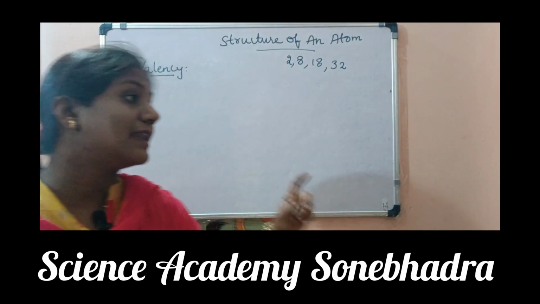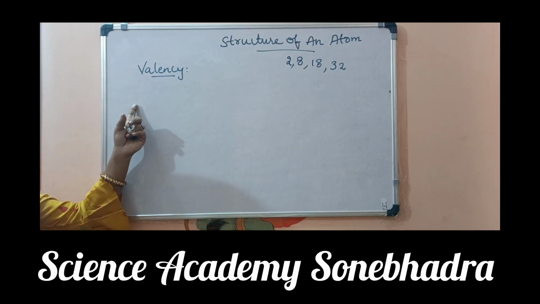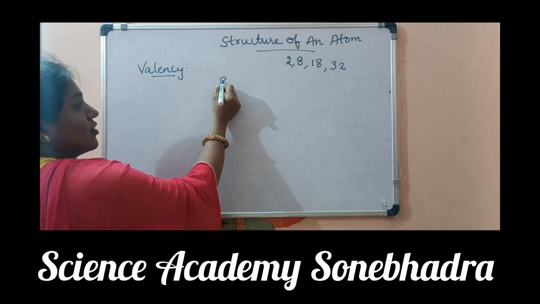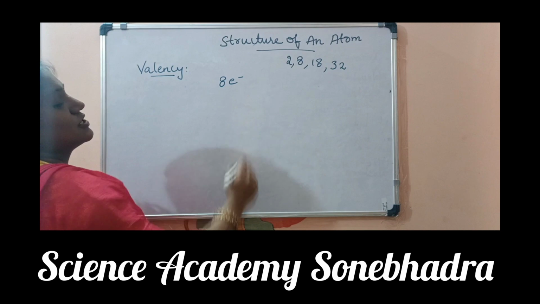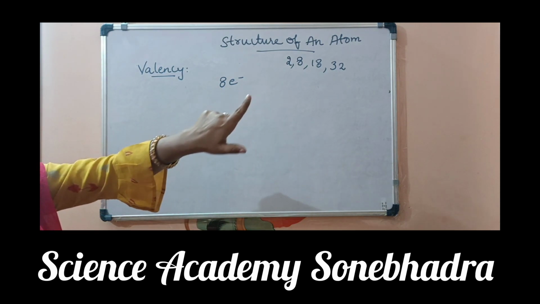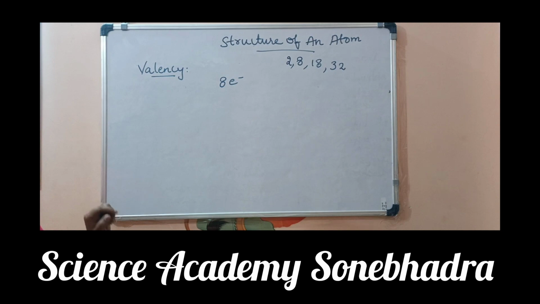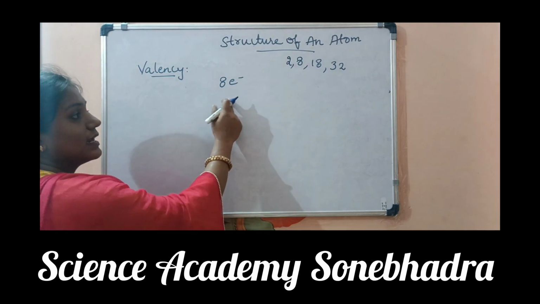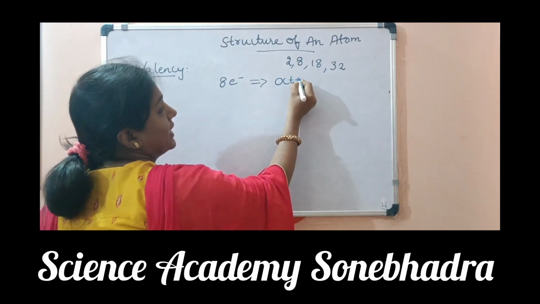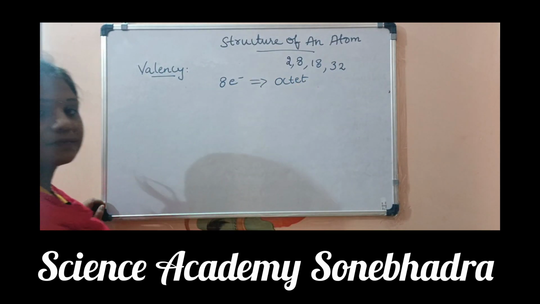So what is valency? Every element, except the first shell, tries to get 8 electrons in its outermost shell. If it has 8 electrons in its outermost shell, it is called octet configuration.